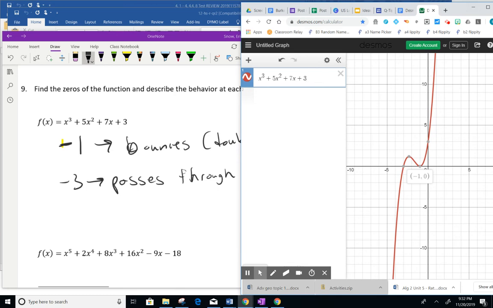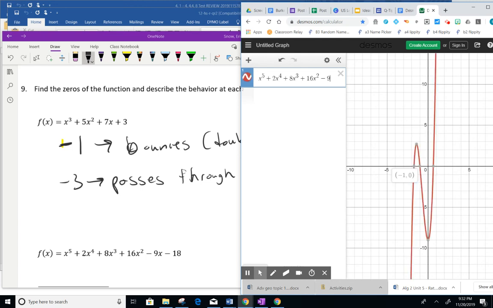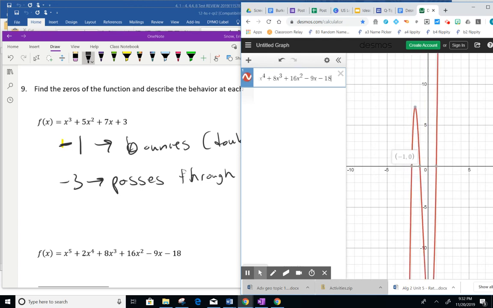So now let's do the next one. This is a 5th power polynomial. So we get x to the 5th plus 2x to the 4th plus 8x cubed plus 16x squared minus 9x minus 18.